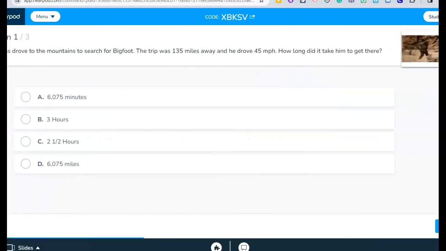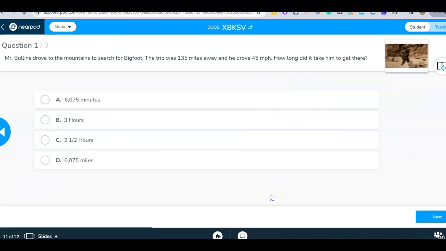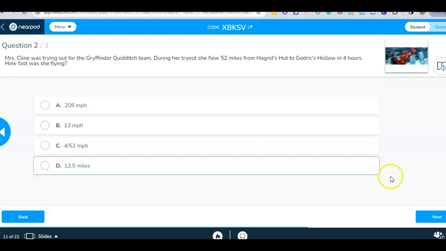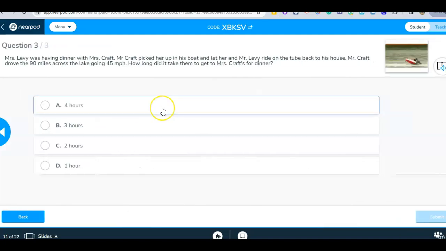225. Now, you have 3 questions to answer. Number 1, Mr. Bullens drove to the mountains to search for Bigfoot. The trip was 135 miles away. He drove 45 miles an hour. How long did it take him to get there? Then I have Mrs. Klein is trying out for the Gryffindor Quidditch team. During her tryout, she flew 52 miles from Hagrid's hut to Godric's Hollow in 4 hours. How fast was she flying? And then last but not least, Miss Levy's having dinner with Mrs. Kraft.